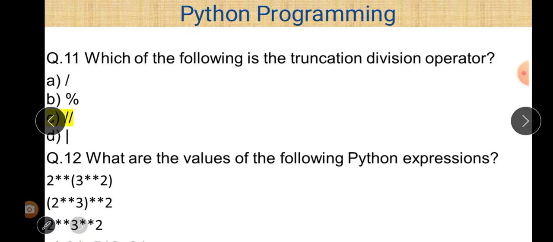Next question is, what are the values of the following Python expressions? Now different expressions are given, actually three different expressions, and we have to find the answer of all of these.